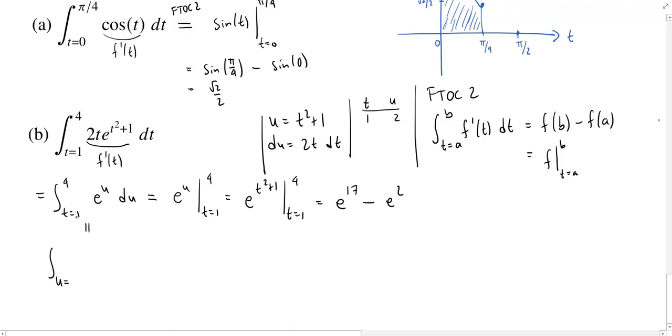And when t is equal to 4, the upper bound, I get u equals 17. And so I can go from 2 to 17, e to the u du, which will be, again, we know an antiderivative is e to the u, but now u goes from 2 to 17. And so I get e to the 17 minus e squared. Okay, same answer either way.